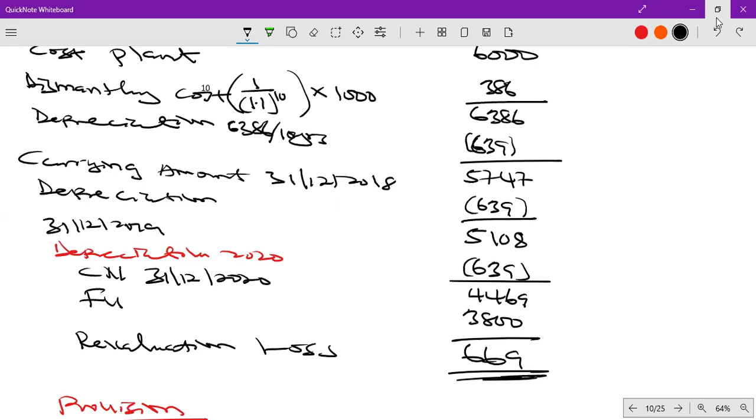In 2019, that's 5108. 2018, 5747. So please pick the figures for me. Write them down and then you mention it for me and I'll copy. Can I go? Yes, sir.